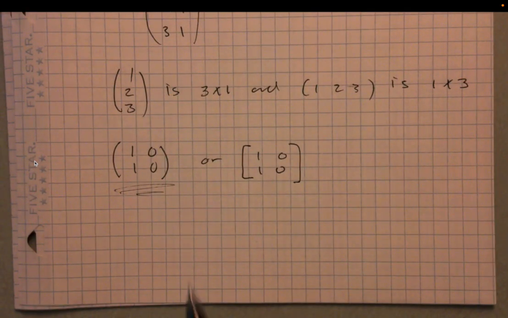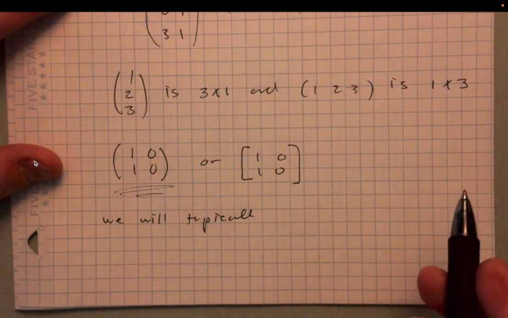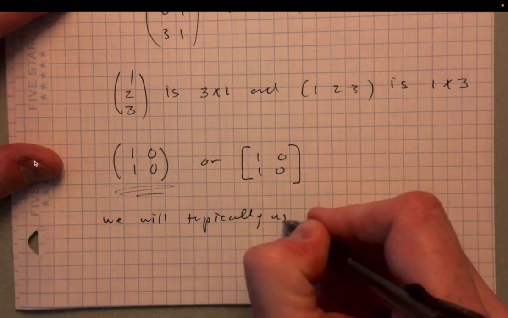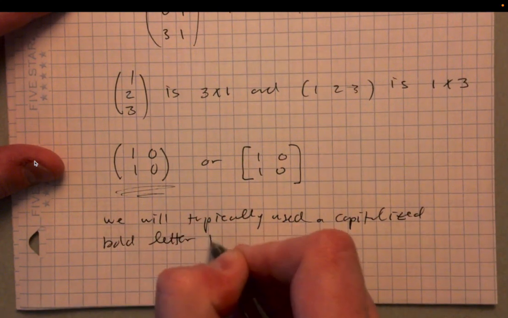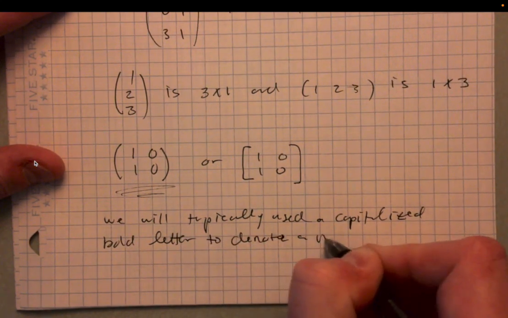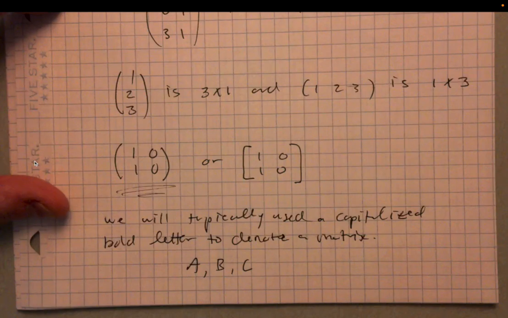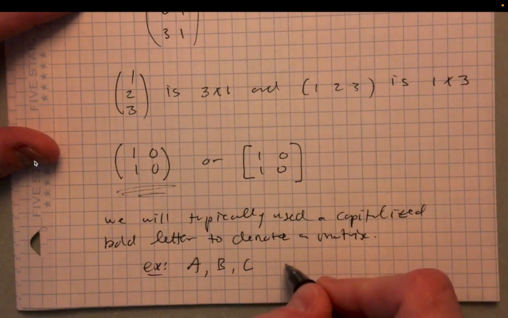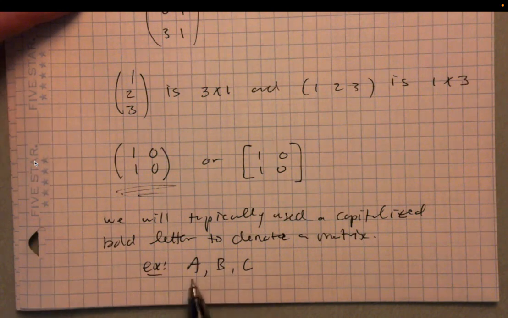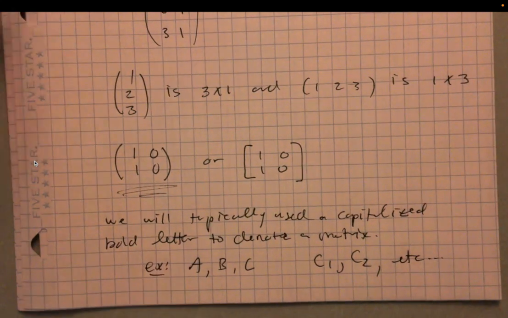When we denote a matrix using a name or a variable, we'll typically use a capitalized bold letter to denote a matrix, for example A, B, or C. The matrix A, the matrix B, the matrix C. It's not uncommon also to use an all-capitalized letter with a subscript, like C1, C2, etc. This is also something you'll see.